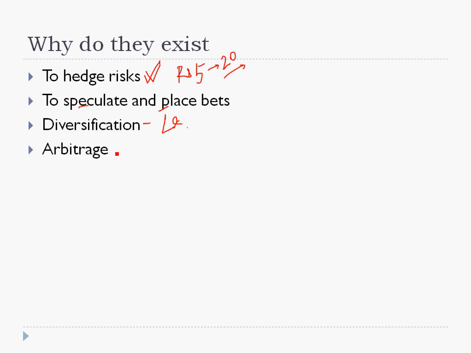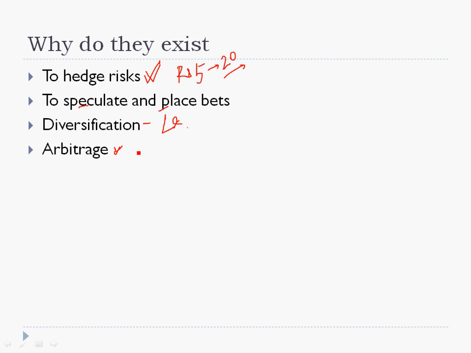Then the last one could be arbitrage. So arbitrage is nothing but you want to take price advantage in one market with respect to another market, right? For example, there are chilies which are selling in, let's say, Hyderabad at ₹20 per kg, and then there are chilies which are selling in Delhi at ₹40 per kg. So the price difference is arbitrage.